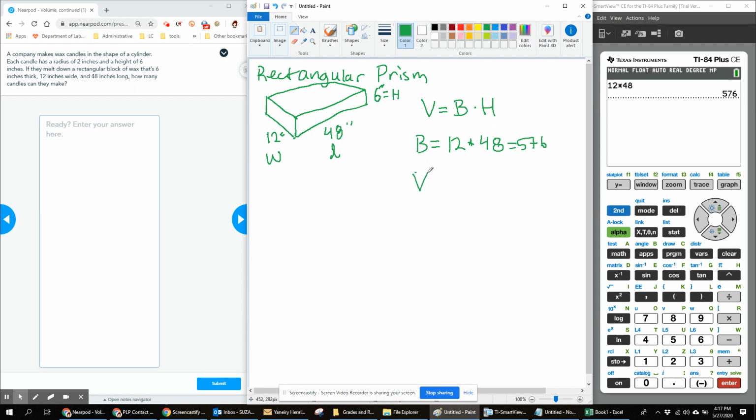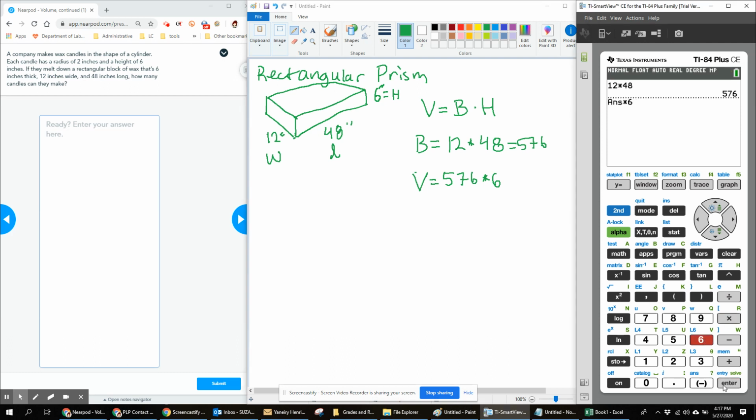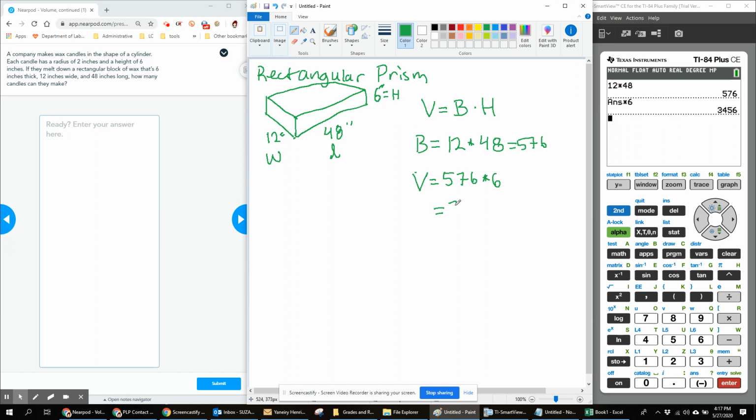And then my height is 6, so the volume is going to be 576 times 6, which equals 3,456 cubic inches.